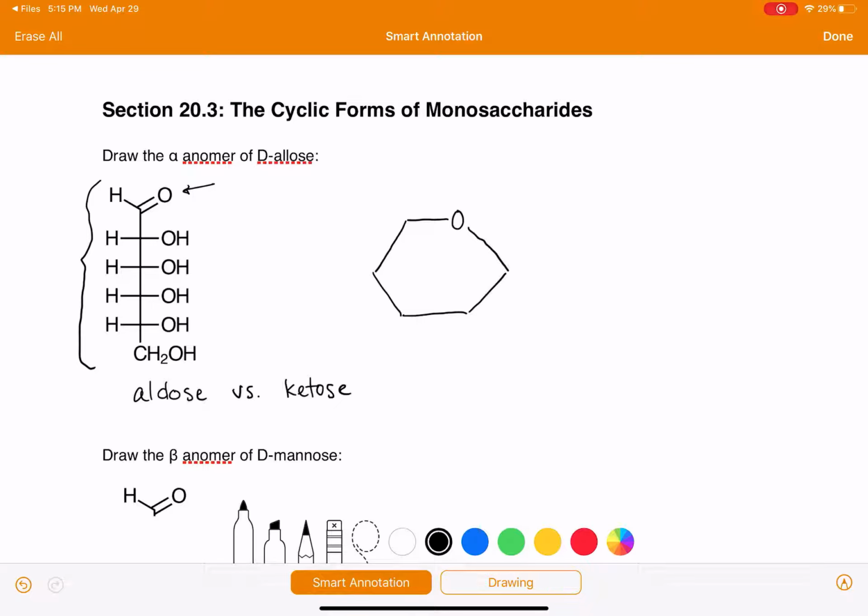So I'm going to always start with that, and then I also go around my ring and draw in all of my vertical bonds like that. And the next thing that I'll usually do is number the carbons in my ring. And I remember that carbon 6 comes up and out of the ring like that. And I'll go back to my straight chain and number those carbons as well.